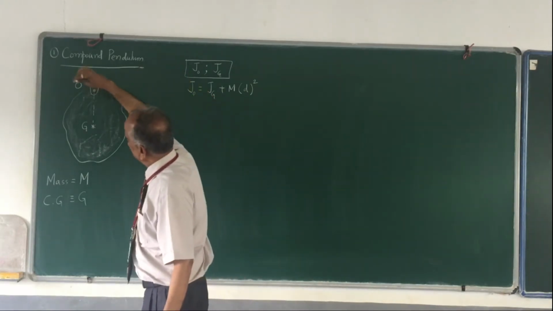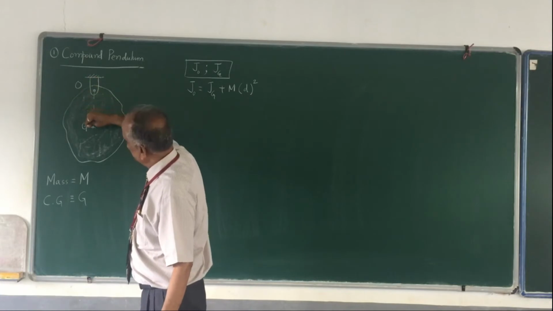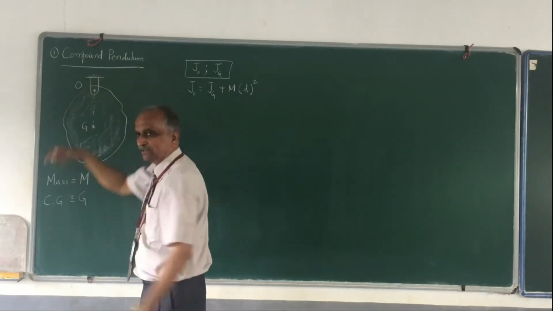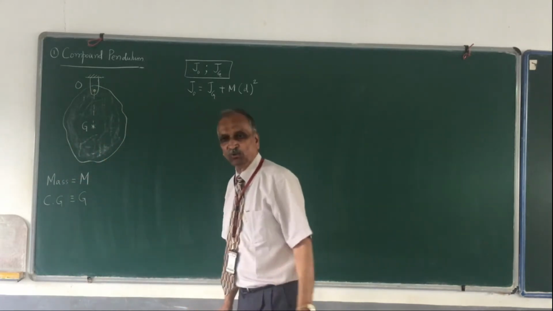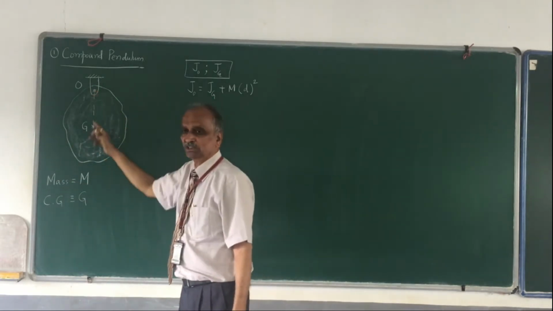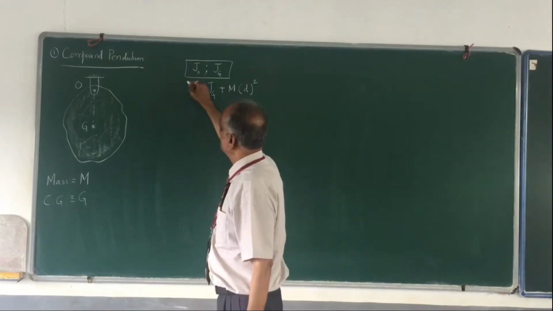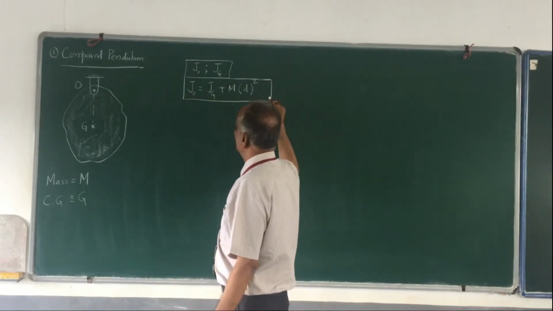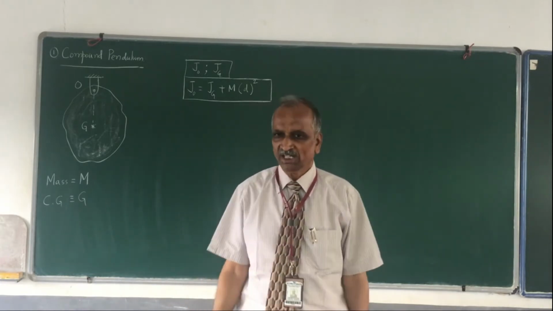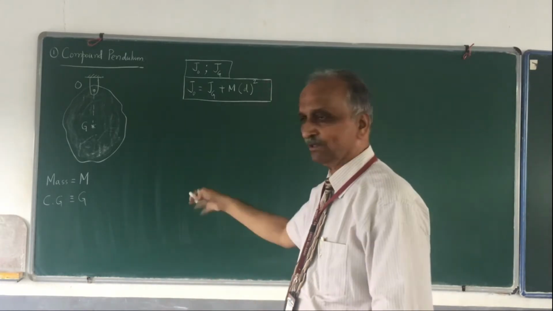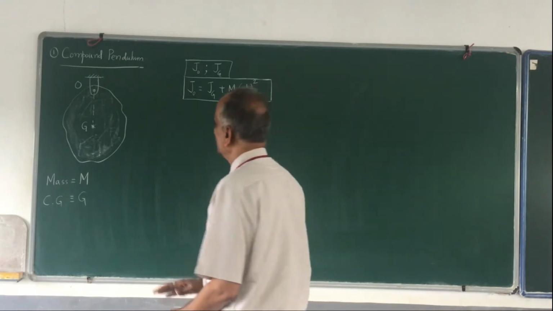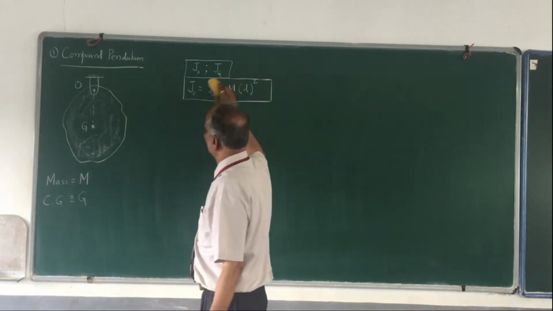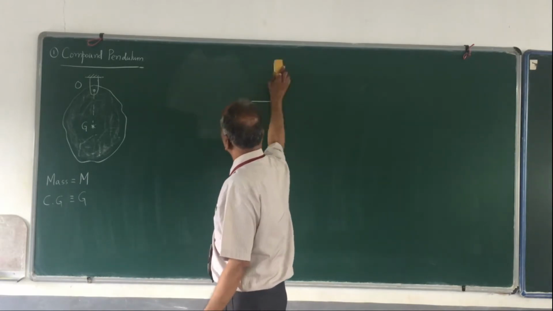What is the distance between these two axes? In this case, it is nothing but OG. So this is what we call the parallel axis theorem about moment of inertia. This is what we are going to use in our discussion, and that is why I have just mentioned it. I don't want to go into detail about the parallel axis theorem.